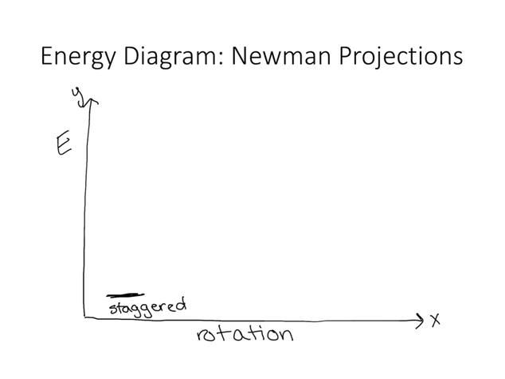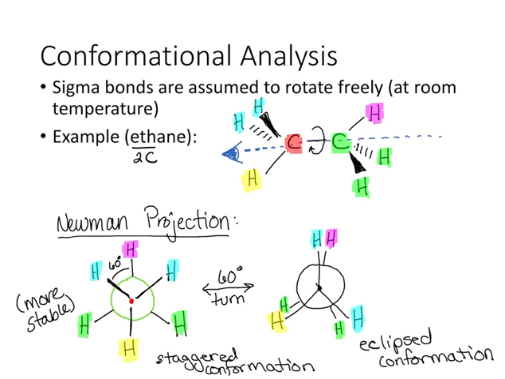And then the eclipsed conformation is pretty high in energy. It's not very stable, so we'll draw that way up here. Now, we could rotate our carbon another 60 degrees. So let's go back.